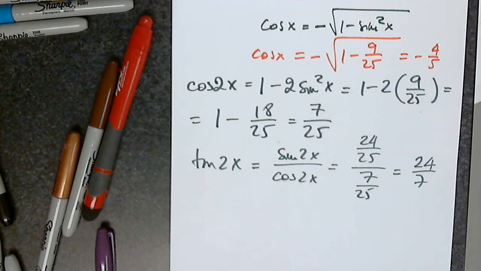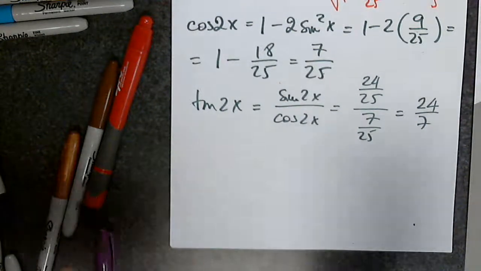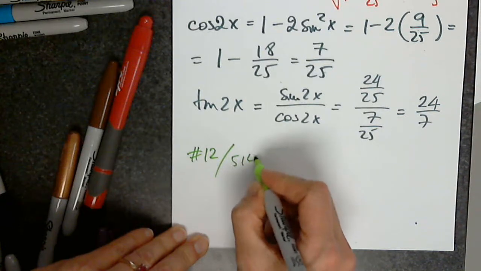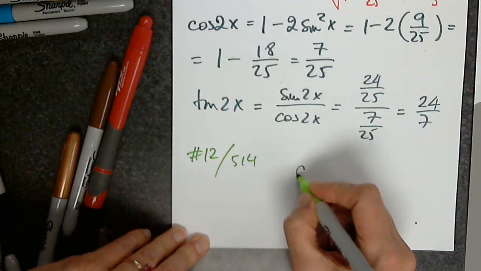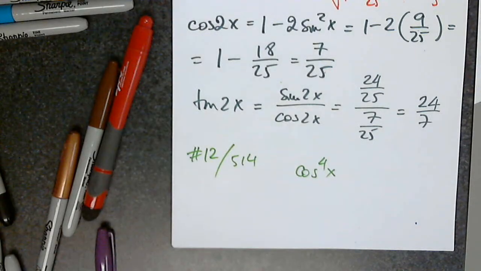Let's start with maybe 11 or 12. Which one? Okay, very good. 12 on page 514. So in 12 we are given cosine to the fourth x. Allow me to stop, I got to the 50-minute mark.